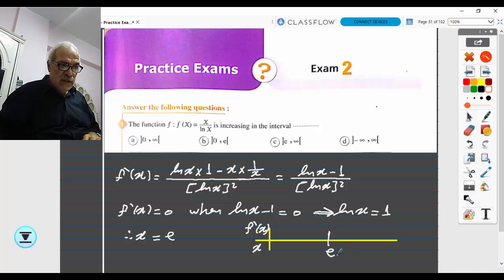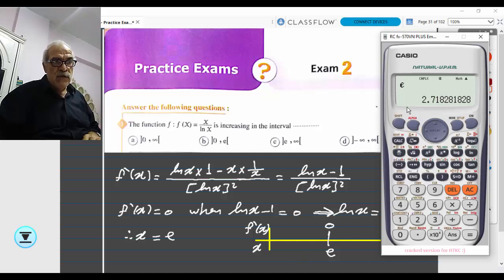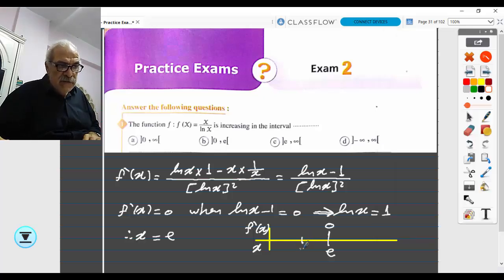When x equals e, f dash of x equals 0. And we know that e equals 2.718. So we'll choose some values less than e and greater than e. We will investigate the sign when x equals 2 and when x equals 3.